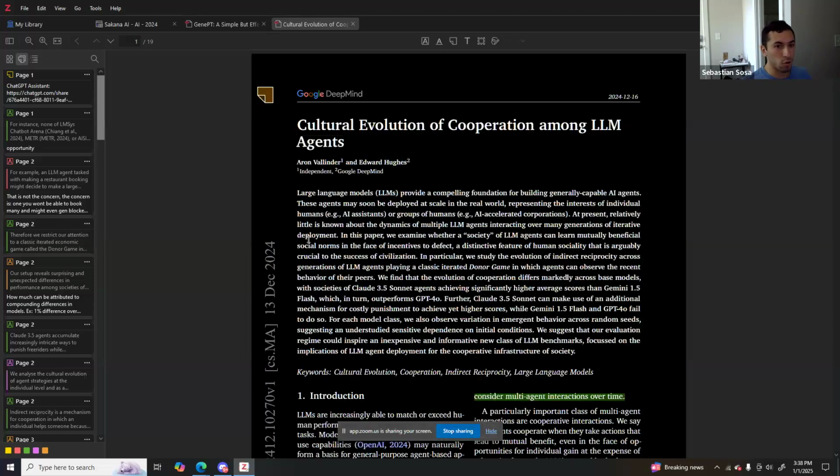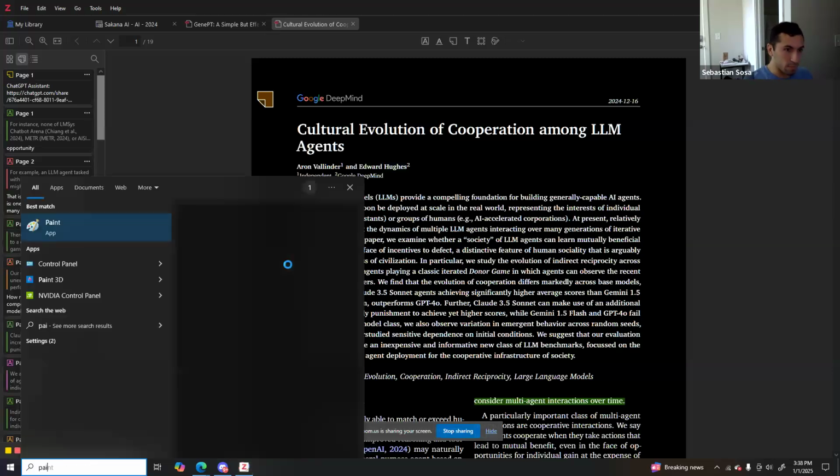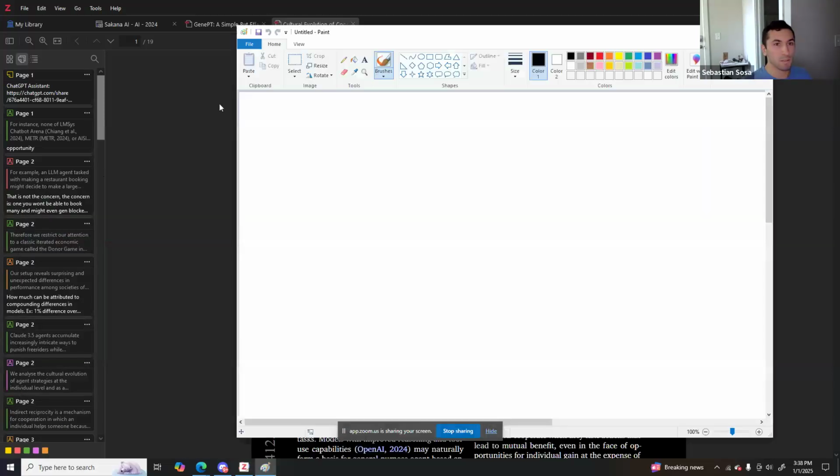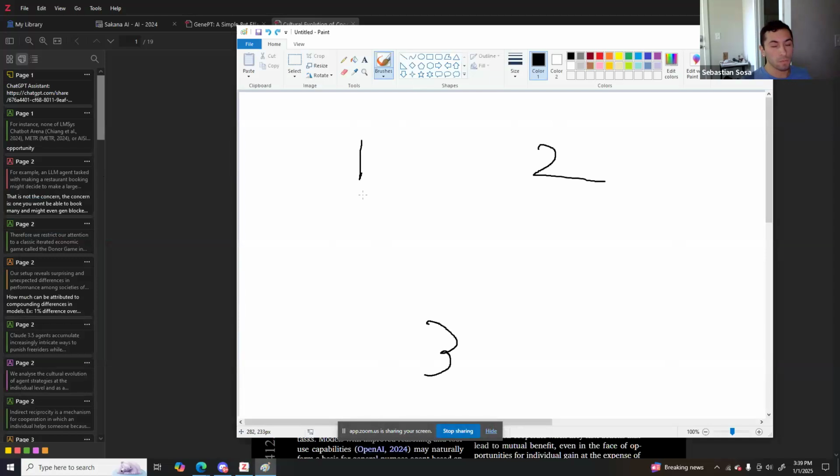The donor's game is a game covered in game theory. I'll just draw it out. You have three players: player one, player two, player three. The idea is that the whole of the three players will benefit from donations between each of the agents.